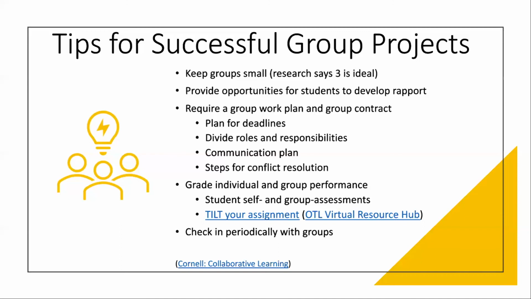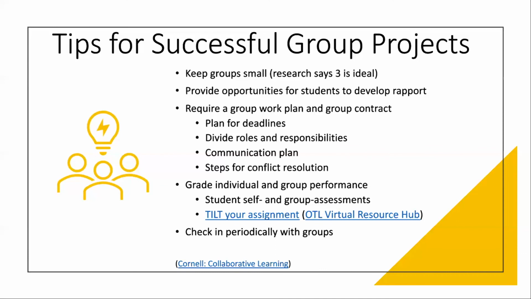I would suggest requiring a group work plan and a group contract as part of the group project. So breaking up the group project into pieces so that you are able to follow along how students are progressing with the group work. You're playing a somewhat active role in supporting them and letting them know that you're there if there are problems.